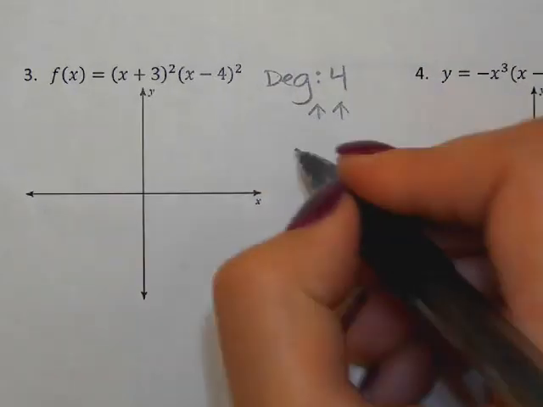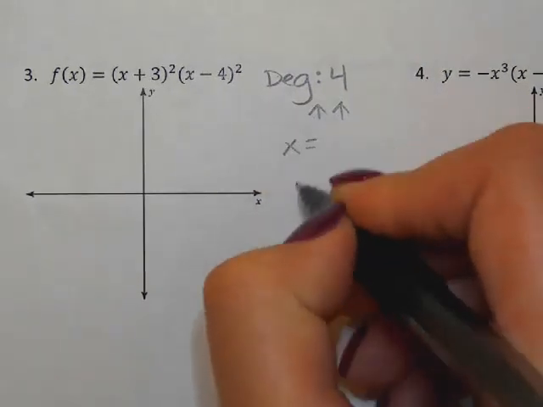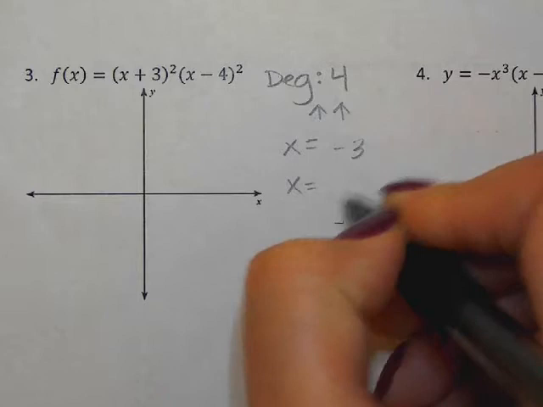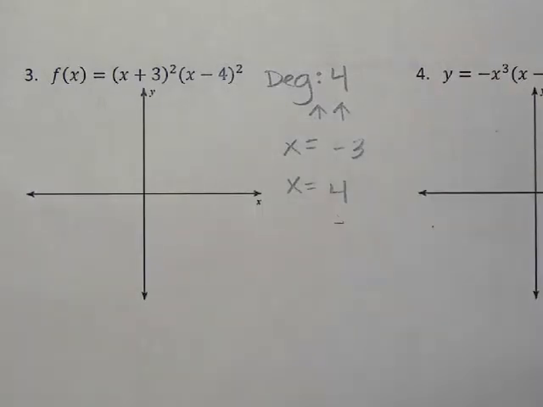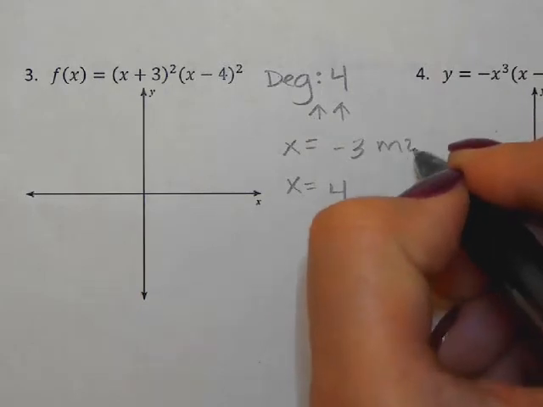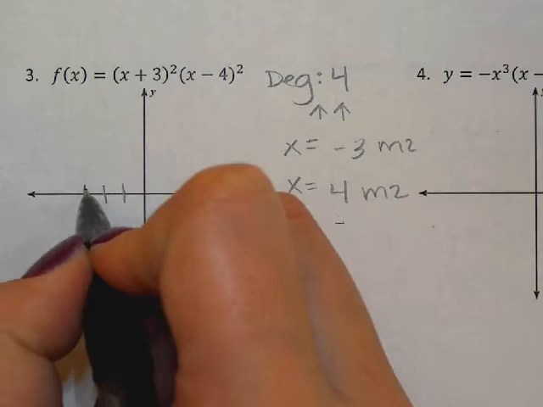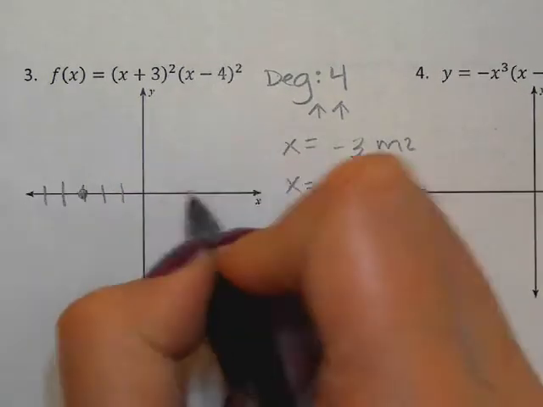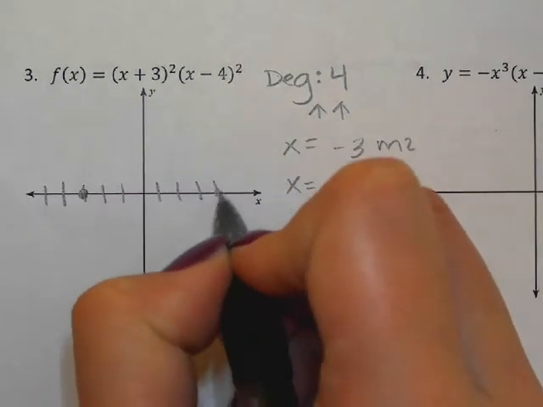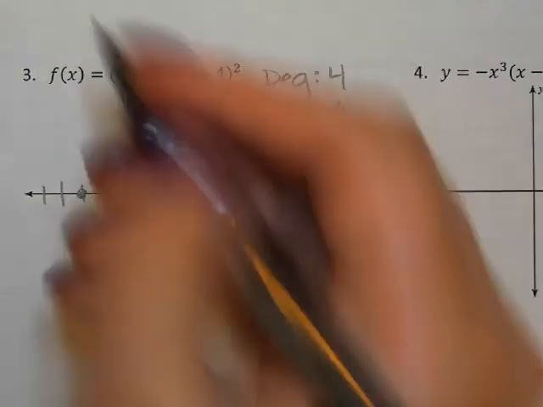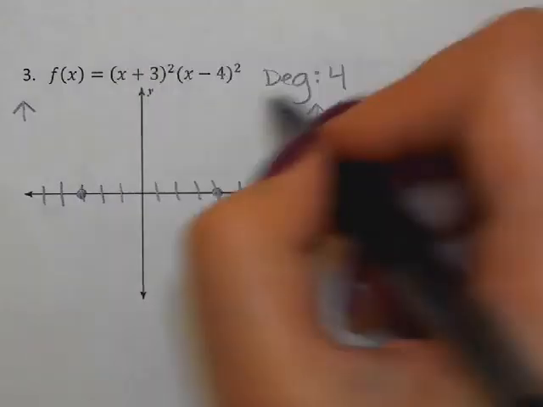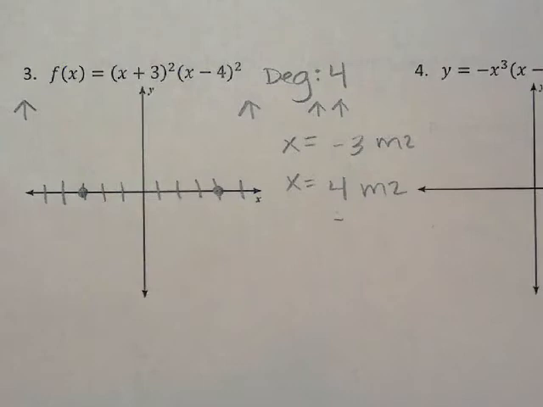All right, what x-intercepts do we have? -3 and +4. And what is the multiplicity for each of them? Both of them are 2. Okay, so we're going to count 1, 2, 3, 4, 5. 1, 2, 3, 4, 5. And our arrows are up, up. Okay.